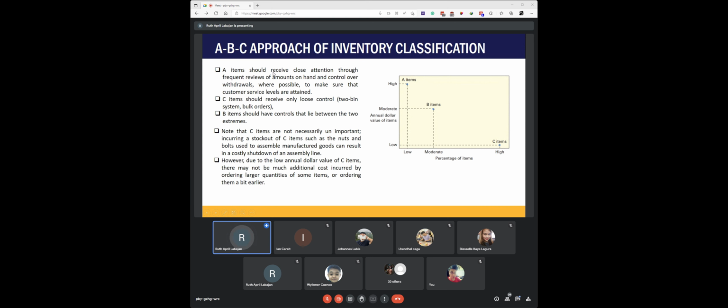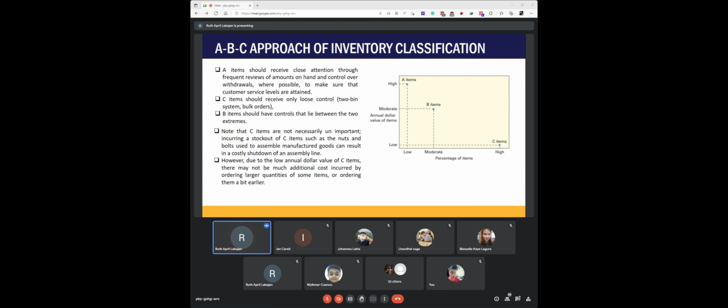Okay? So you always have to review that, its amount, what level its amount is at, and then its withdrawal also. Meaning to say, if you are assigned to the warehouse, you should have control over what items are very important or least important. If it's very important, you have to control the withdrawal.